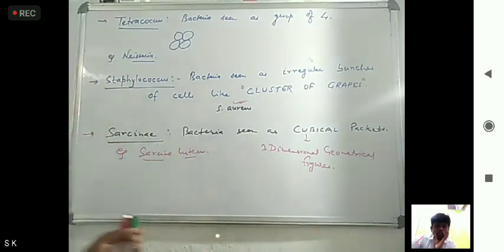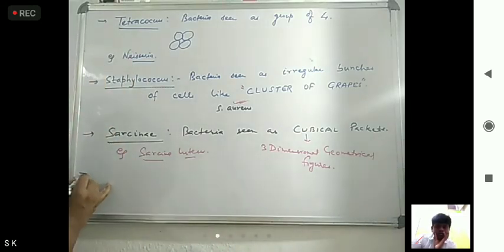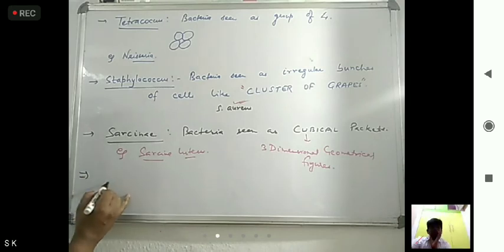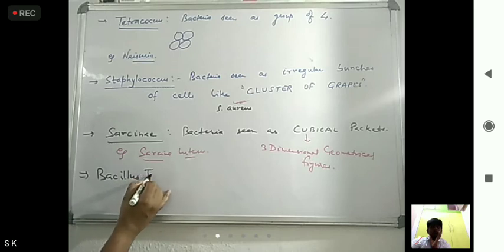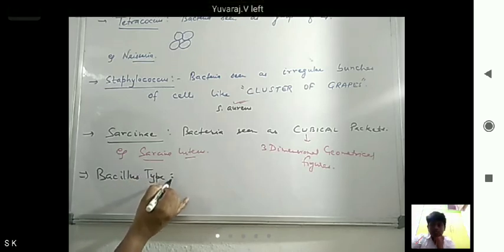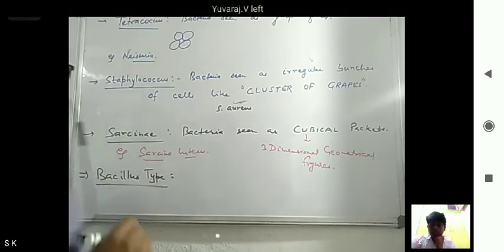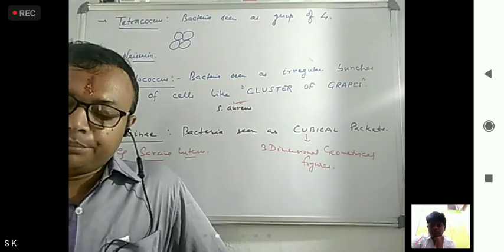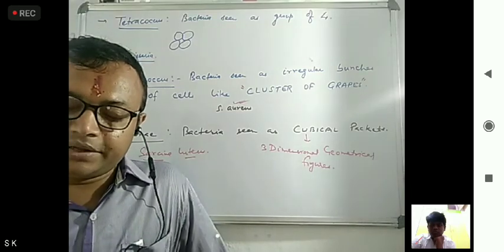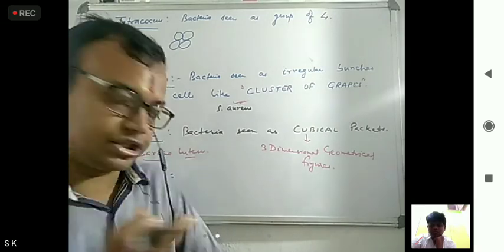Okay. Now, the first type we saw is coccus. Next type is bacillus. As we already discussed at the start, bacillus means they have a rod-like structure.